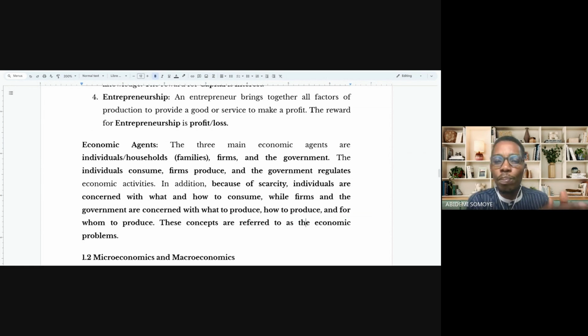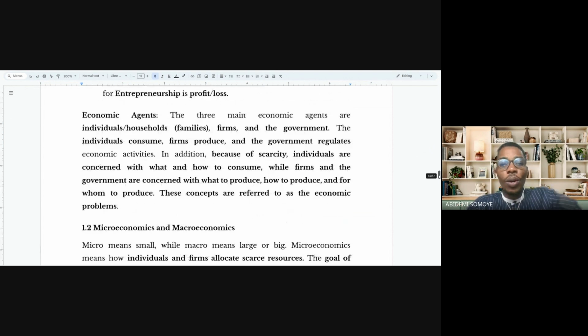How do we produce those goods or render services in such a way that they will meet the needs of people? And who are we producing for? Are we producing for people who have money alone, or are we producing to meet the needs of the general population? This I refer to as economic problems.